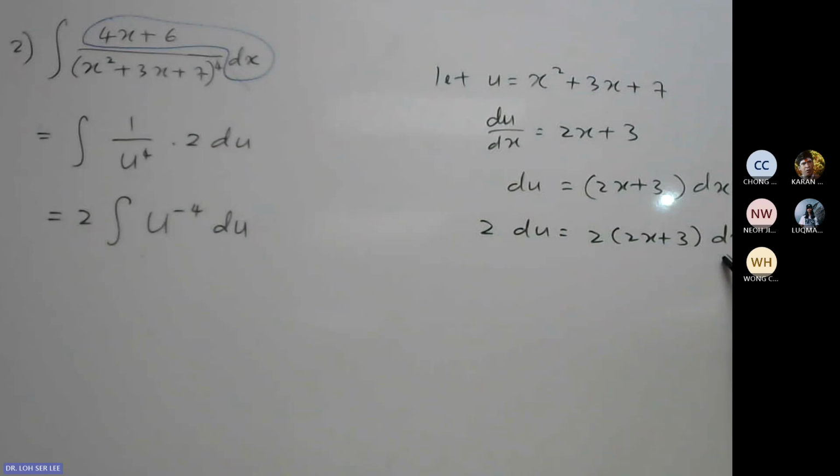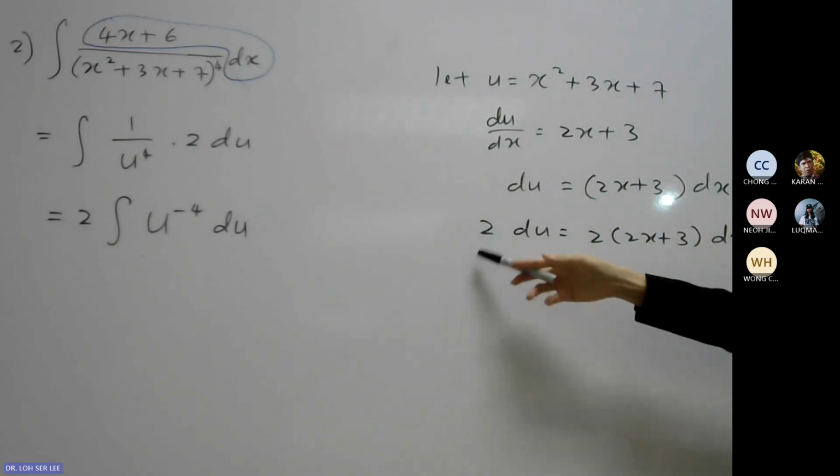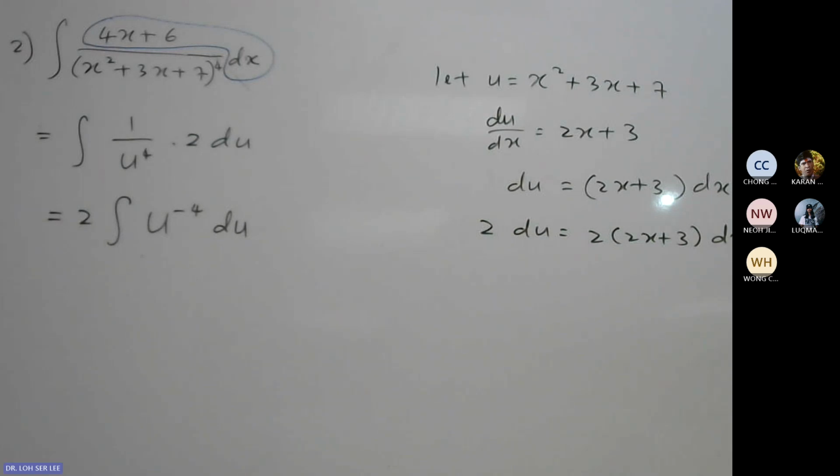If you use this way, when you multiply a 2 on the right, you have to multiply a 2 on the left.